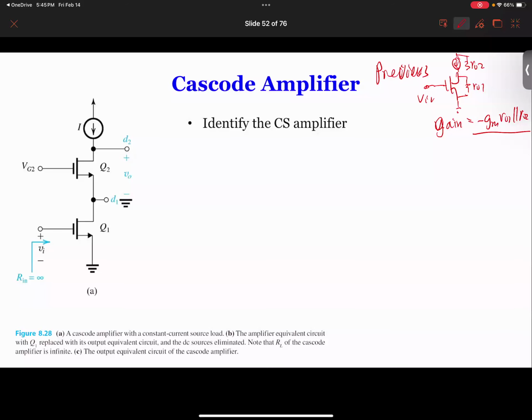So in order to make sure that we don't decrease the gain, instead of using a current source at the drain directly, we're going to add another stage. If you look at VG2 or Q2, what can you tell?